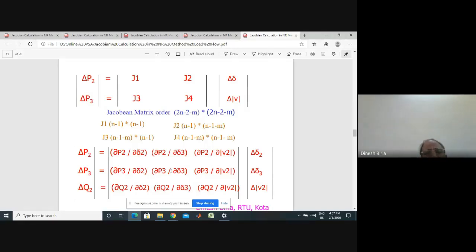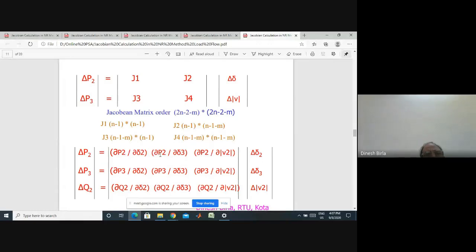Okay, so you just observe that the order of the Jacobian will correspond to the active powers and their partial differentiation with respect to angle. So it is pretty clear that the number of active powers is 2, and the number of angles is 2. So the Jacobian J1 will be of the order of 2 into 2 in this case.